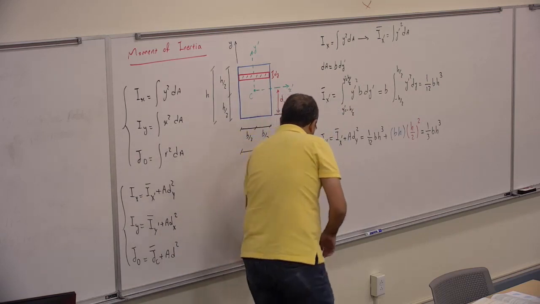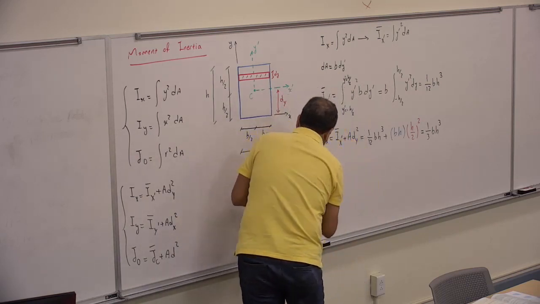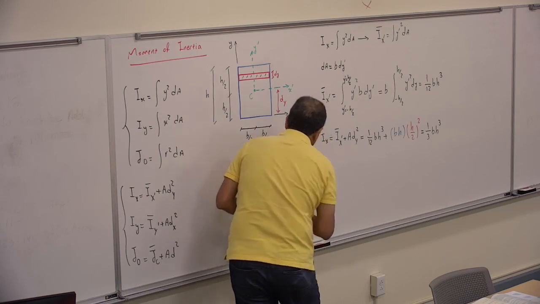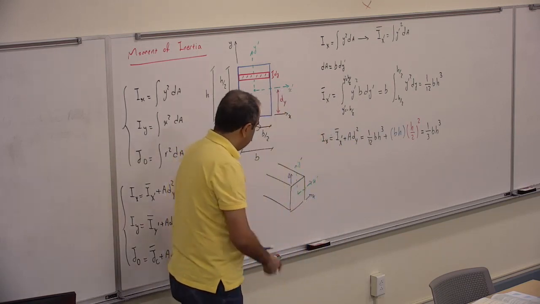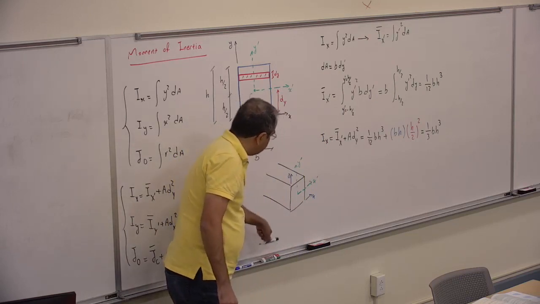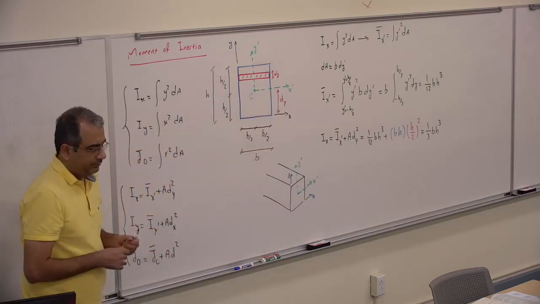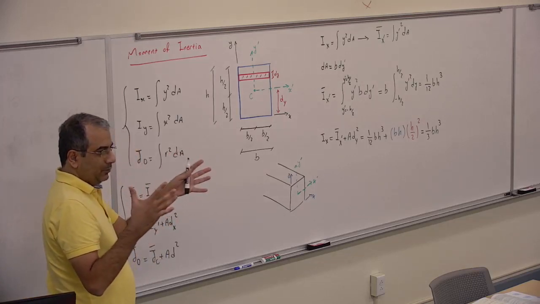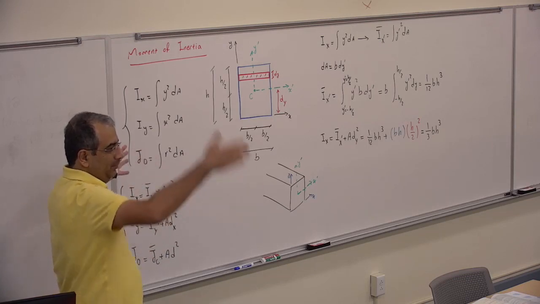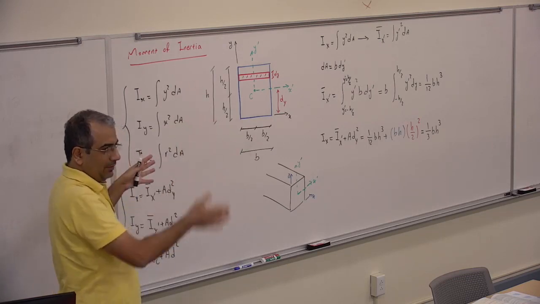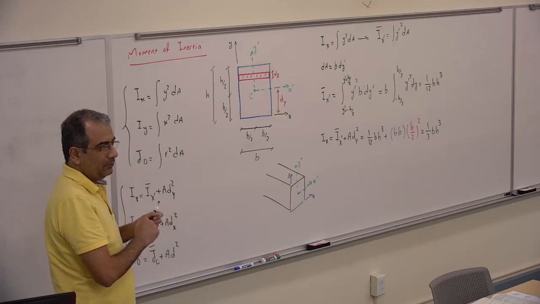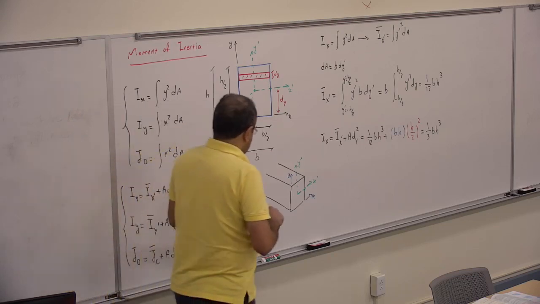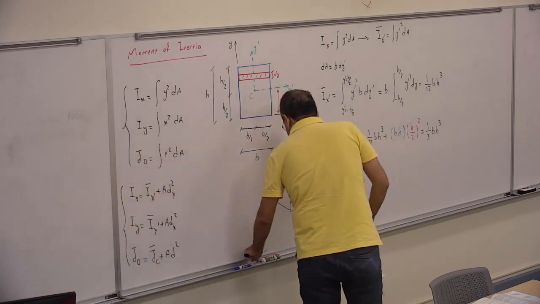In this case, the x is here and the y is here. Can you visualize what we are doing? There's a beam, we cut it, and we want to see the cross section of that beam and how much its moment of inertia is.